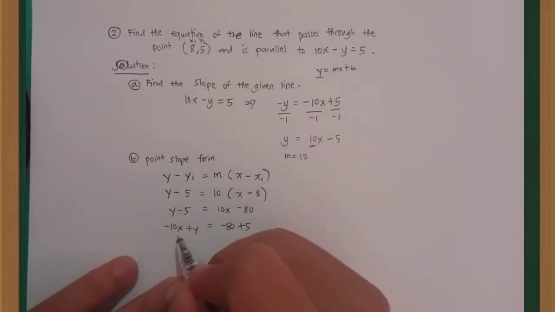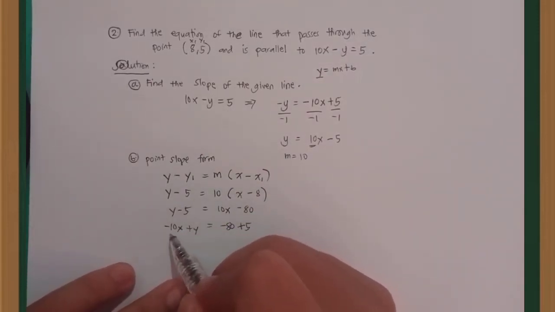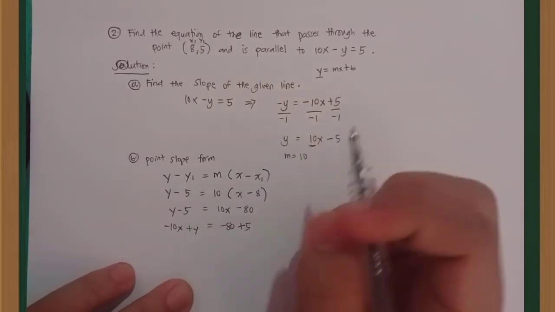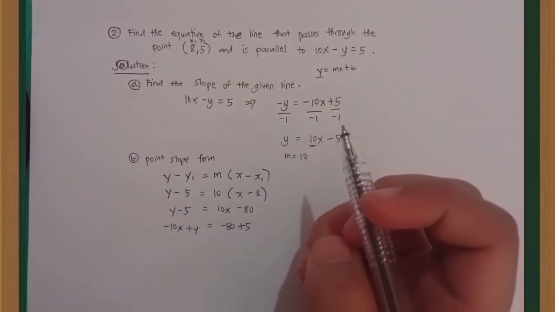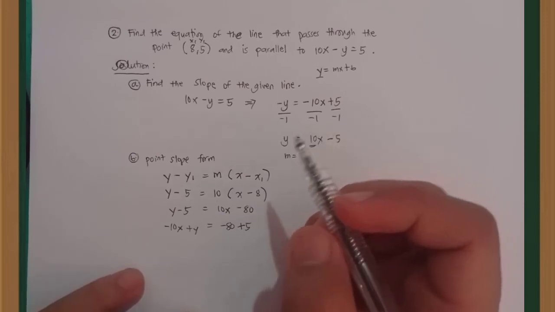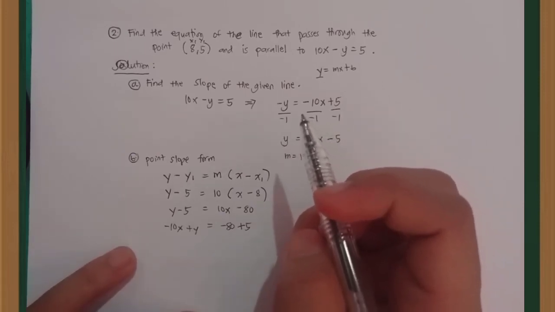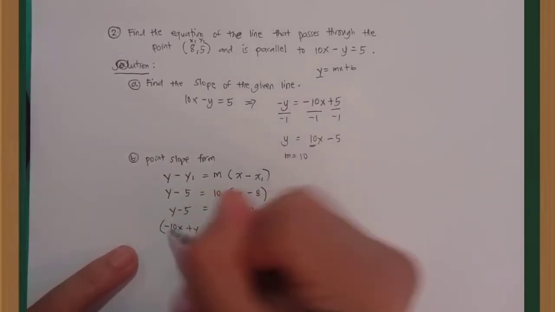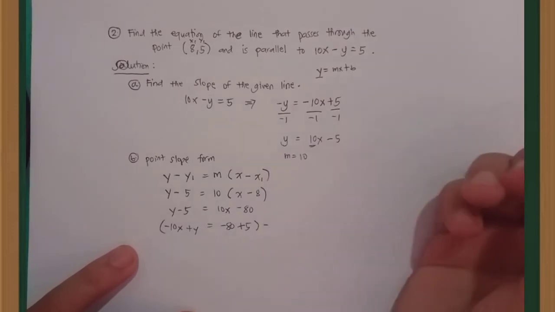Okay, so we make our first term or leading term, which is negative 10x, positive. To do that, we multiply by negative 1 on everything.